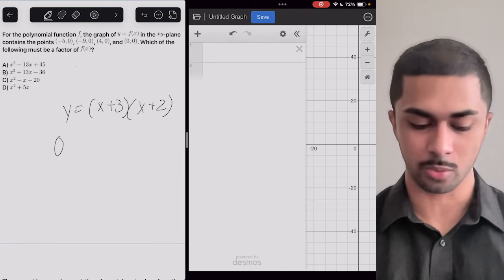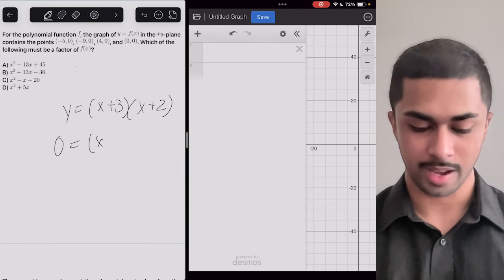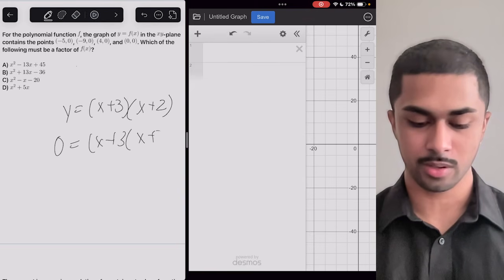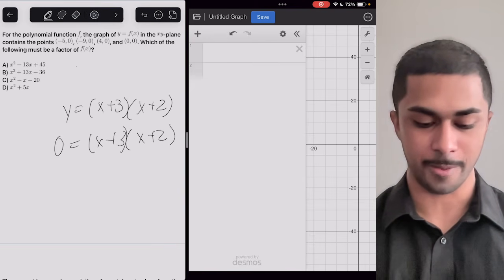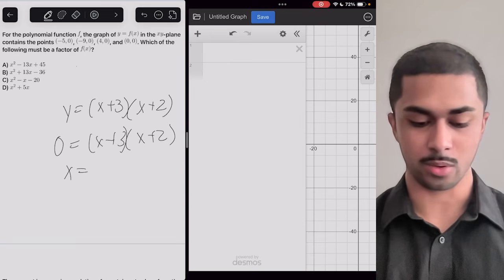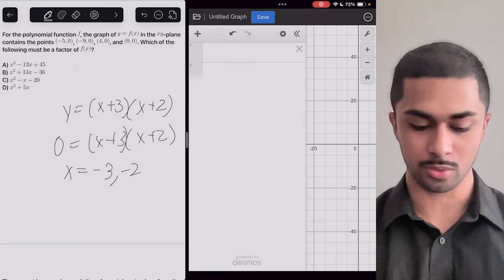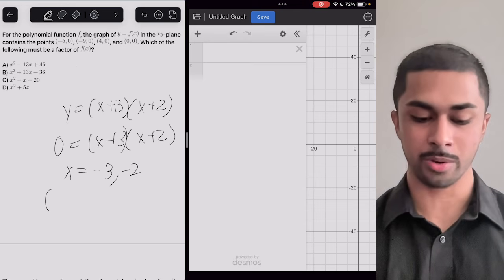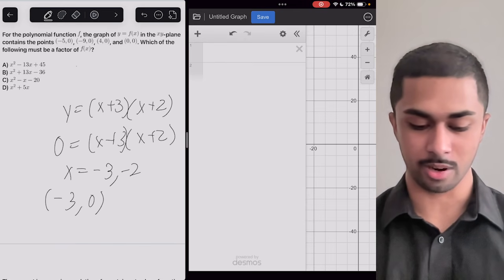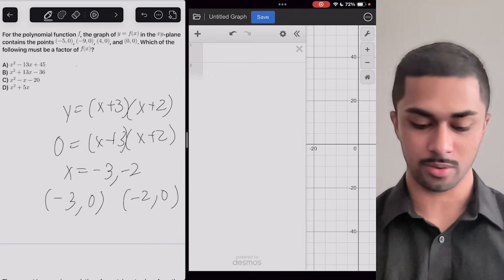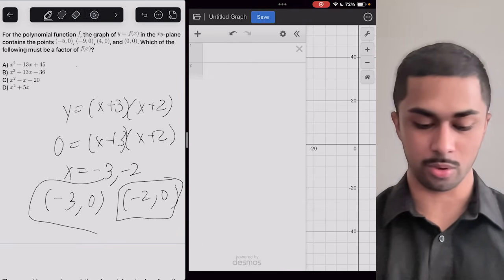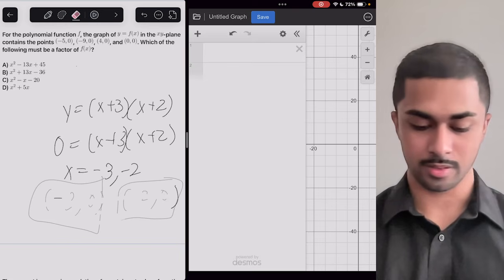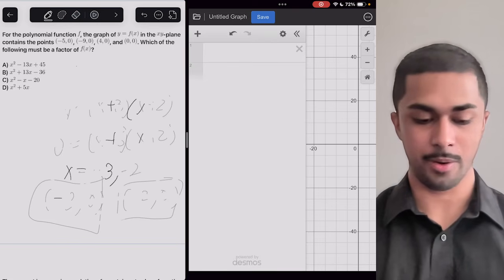Well, the x-intercepts are when y is 0, right? X plus 3, x plus 2. And I think that from here, you can just see that x equals negative 3 and negative 2, but that's when y is 0. So then we can write this as an ordered pair as negative 3, 0 and negative 2, 0. So these are our two ordered pairs. These are x-intercepts, right?